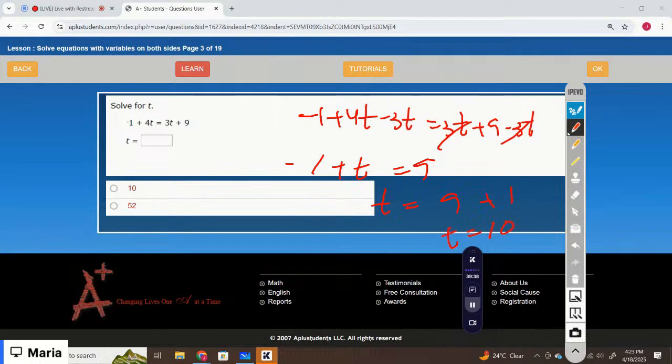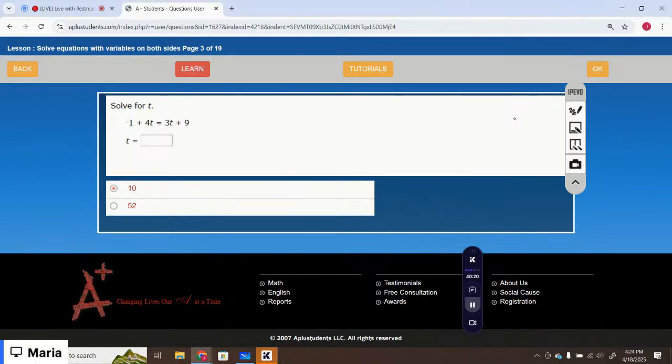The correct option is t equals 10. Option number 1 is the correct option.